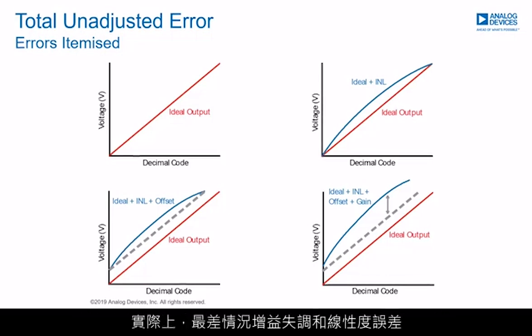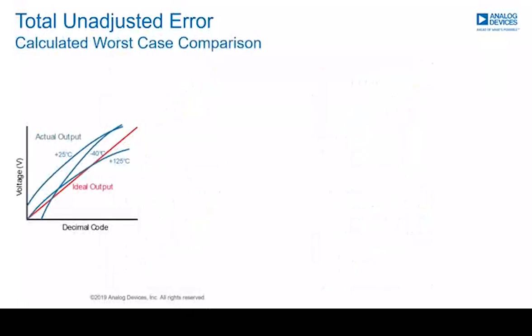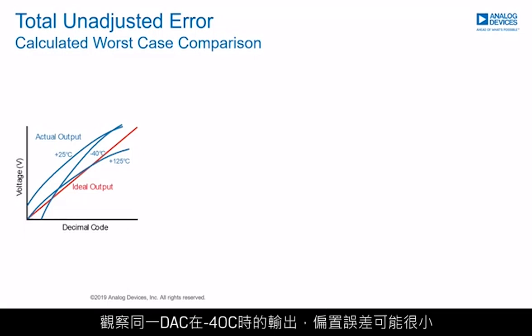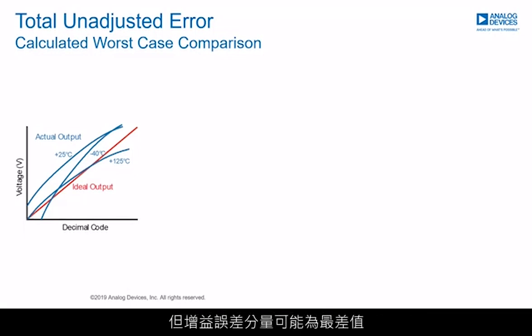In reality, the worst-case gain, offset, and linearity errors will not usually take place at the same condition. The output may change over temperature. At room temperature, the offset is at its worst, but there is no real gain error. When you look at the same DAC output at -40 degrees C, the offset error might be fine, but there might be a gain error component that is at its worst.